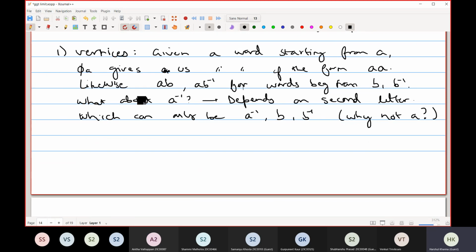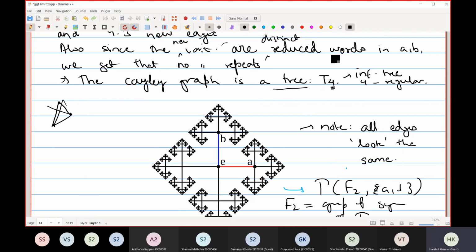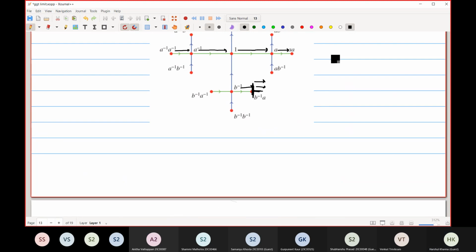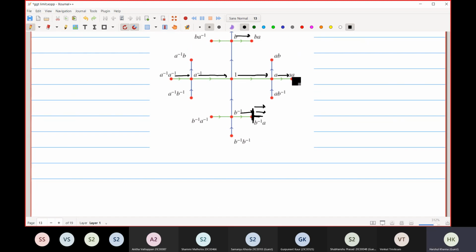Now we have a left multiplication action, remember. Suppose a word is of the form ABA, then the new word will be AABA. So let's see where that lies in our tree. This will be AB, this will be A, this will be AB inverse.